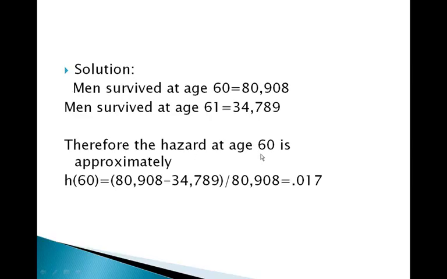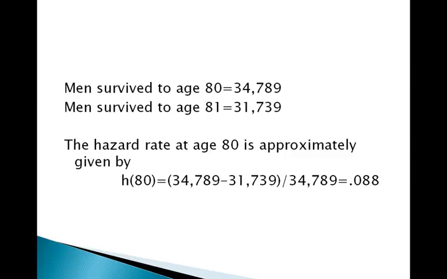And therefore, if somebody would ask you about the hazard at age 60, based on this 1986 data, you would be able to calculate the hazard using the hazard function. The hazard at 60 will be the difference between 80,908 and 34,789, divided by 80,908, which gets you this 0.017. You could also do that for age 81, and here we see that it is 0.088.